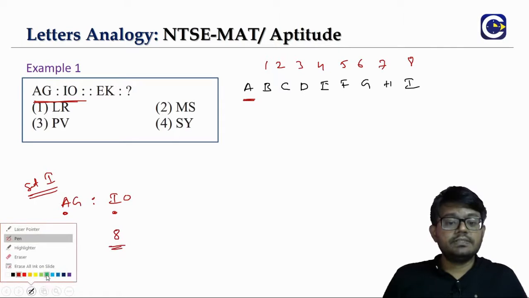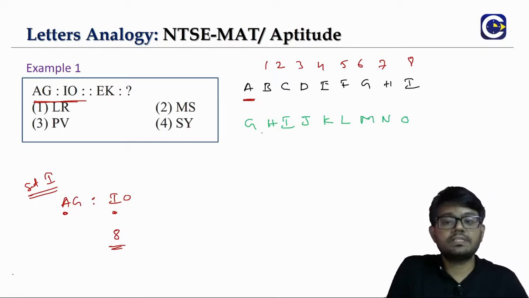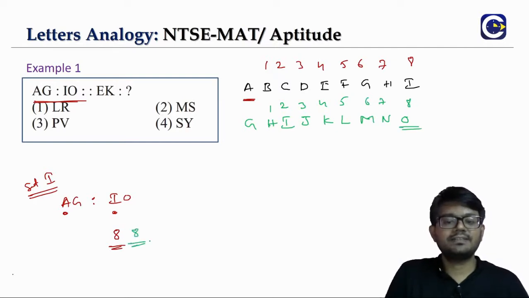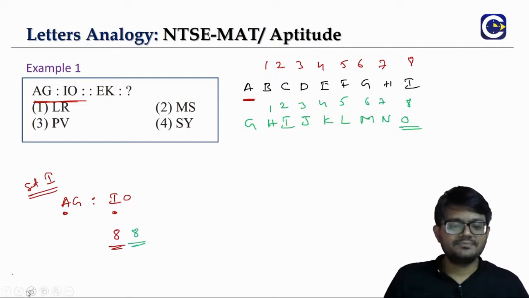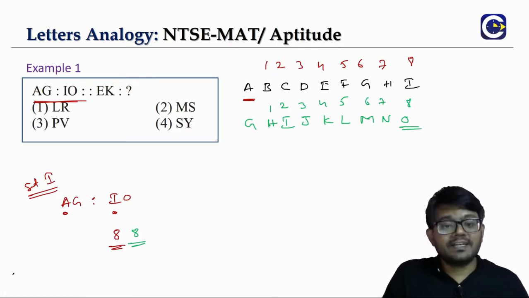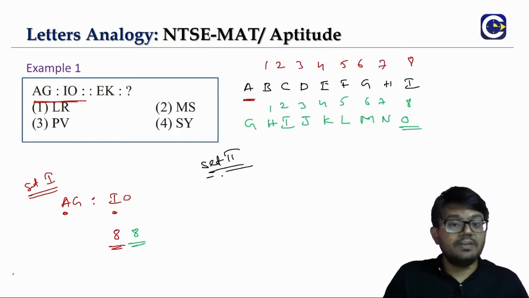Now from G: G, H, I, J, K, L, M, N, O. After G, 1, 2, 3, 4, 5, 6, 7, 8. This is also the 8th letter. So it is the 8th letter after A and the 8th letter after G. The same logic or analogy we will be using on the second set.